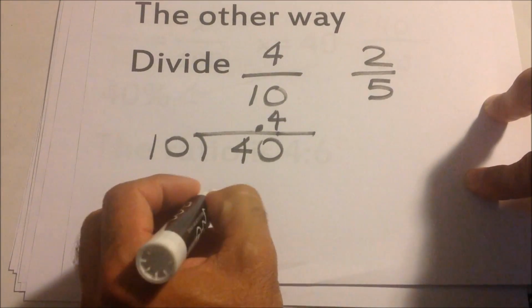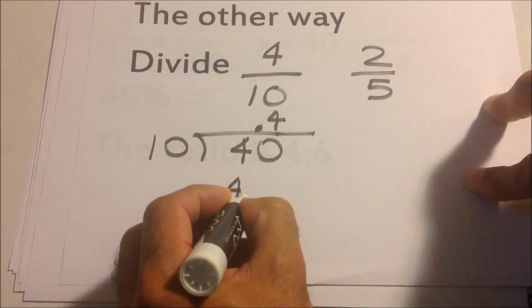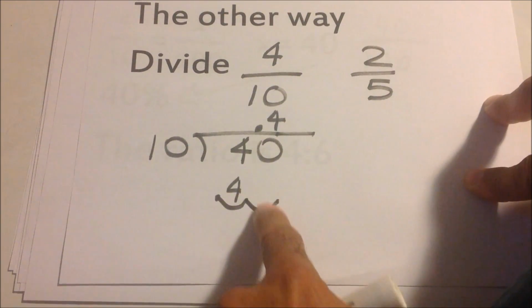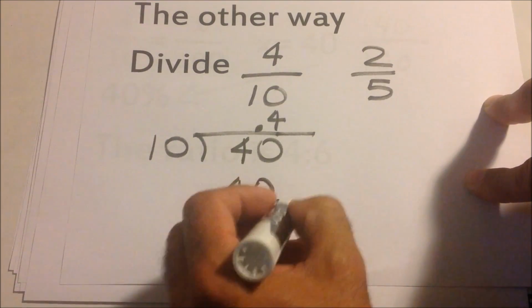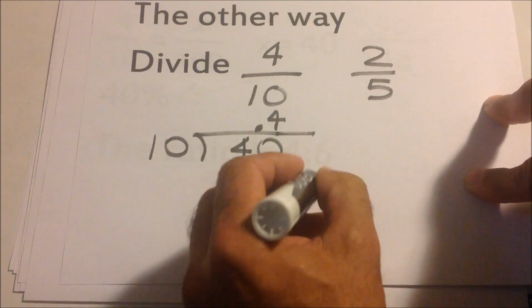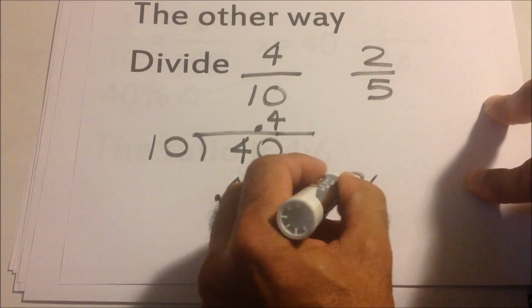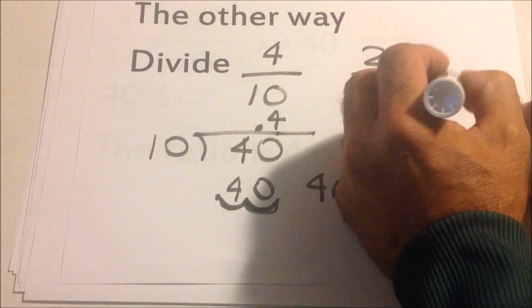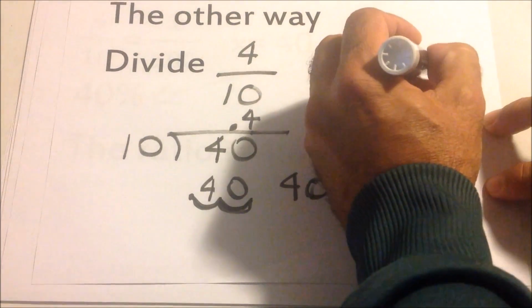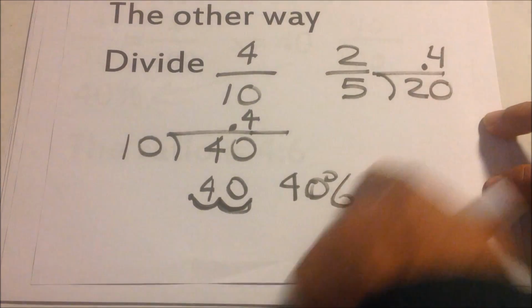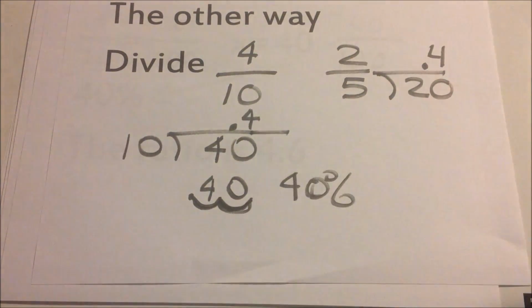So what is 0.4? Move it twice. 1, 2. You have that wave there. Anytime we have a wave, what do we do? Put a 0. So we moved it twice, and we get 40%. Now if you did it with 2/5, same way, 2 goes in the box, and 5 goes into 20, move that over. There's our 0.4, same thing, 40%. So you can divide or you can make equal ratios.